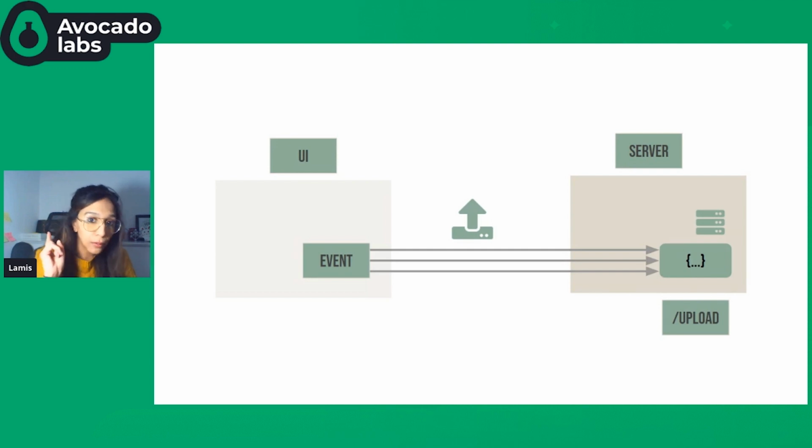We are not going to upload one file, but a list of files. But I want to do it at once. I don't want to do it every time the user uploads a file. I will do it at the end. I will let the user choose 10 files, 15 files, whatever, and then I will provide an action that will upload all these files for me.